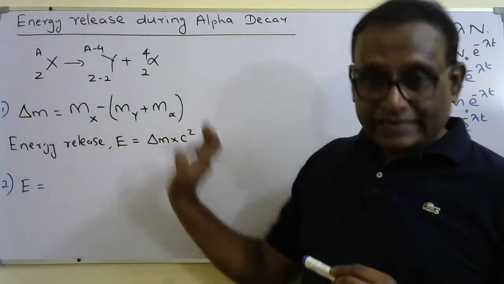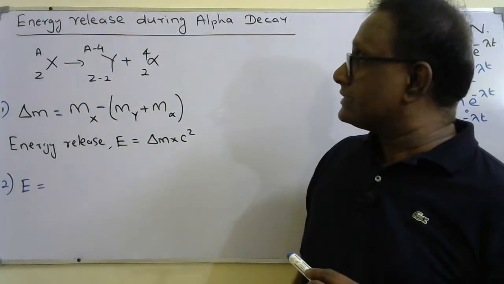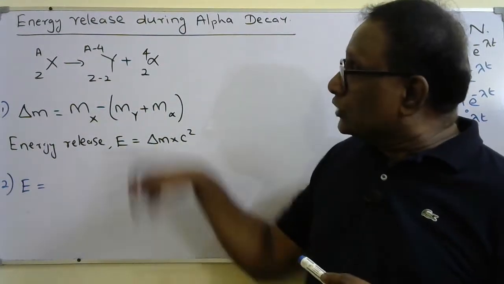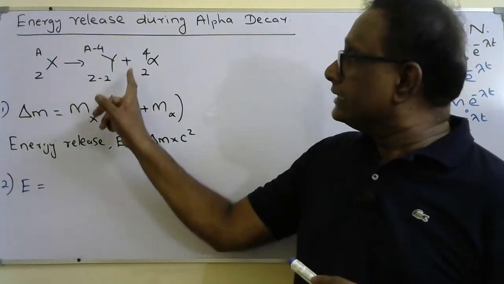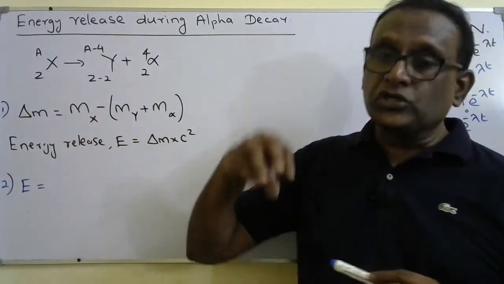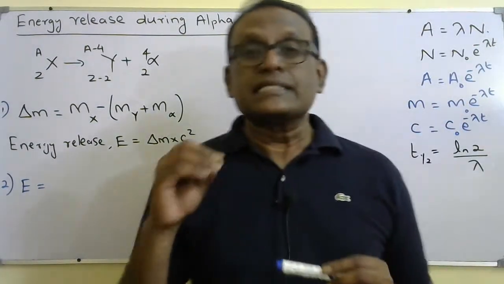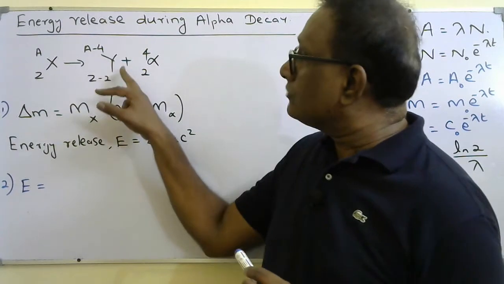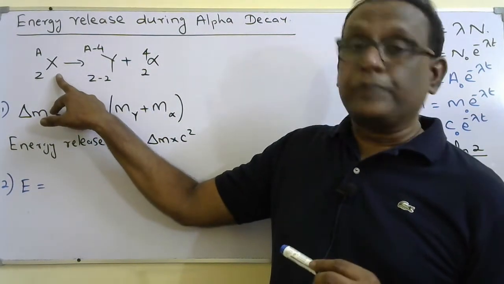Next time, when I do the numerical calculation, you can see that the binding energy per nucleon of Y is more than the binding energy per nucleon of the parent nucleus. As I told you in the first lesson, binding energy per nucleon indicates stability. The binding energy per nucleon of the daughter nucleus will be more than that of the parent nucleus.